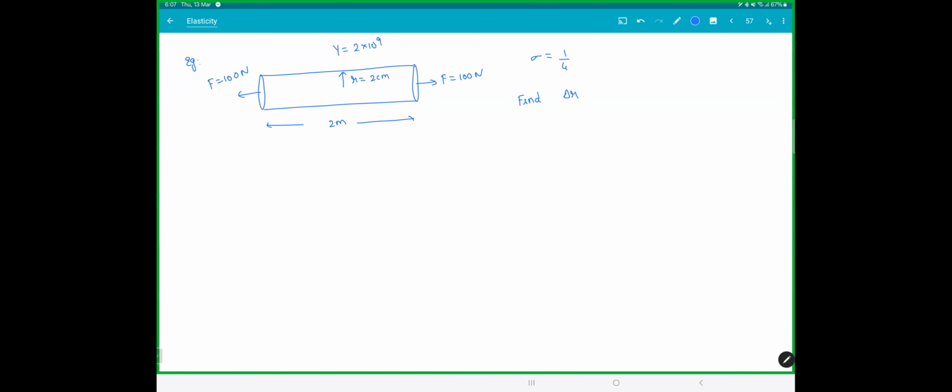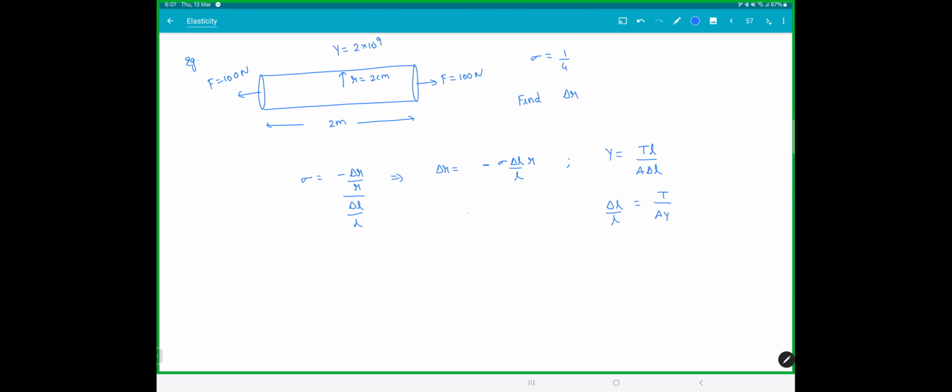So sigma is minus delta R by R over delta L by L. So delta R is minus sigma into delta L by L into R. If I can find delta L by L, my job's done. And where do you get delta L by L from? Young's modulus: tension into length by A delta L. So delta L by L is equal to T by AY.